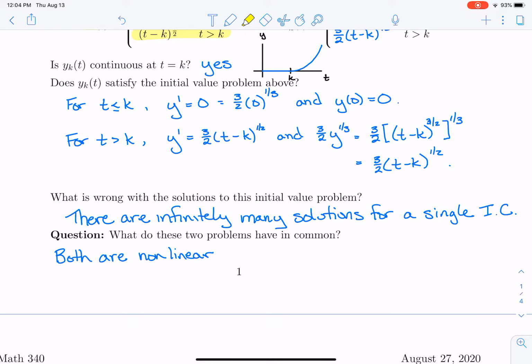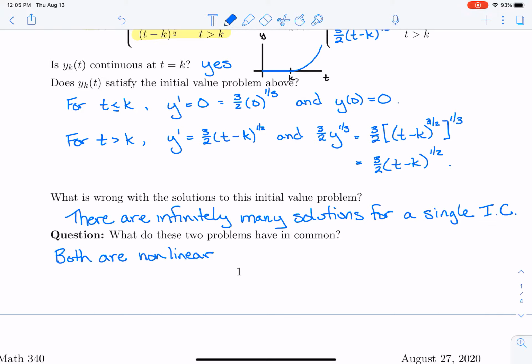There were lots of different solutions. So the issue came about because both of these examples are nonlinear differential equations. And when dealing with nonlinear differential equations, we have to ask the questions, does the solution exist? And is that solution going to be unique?